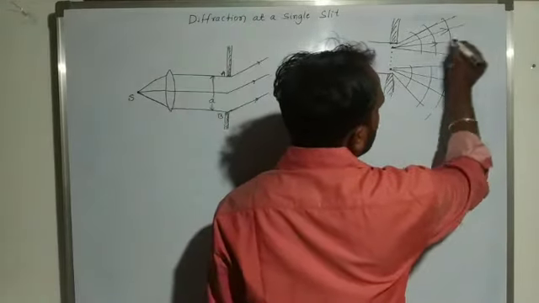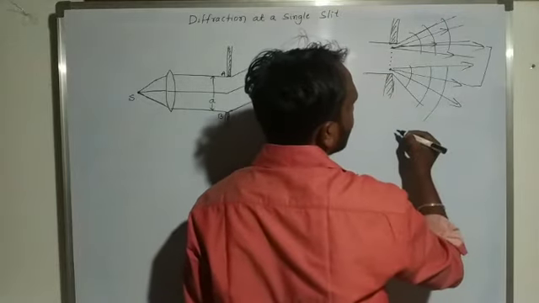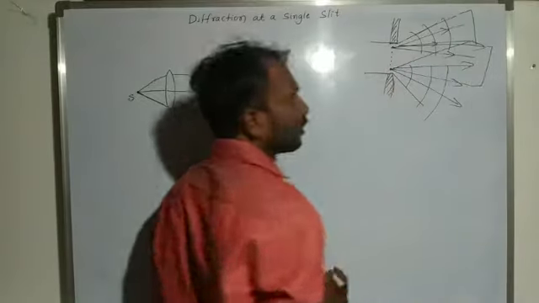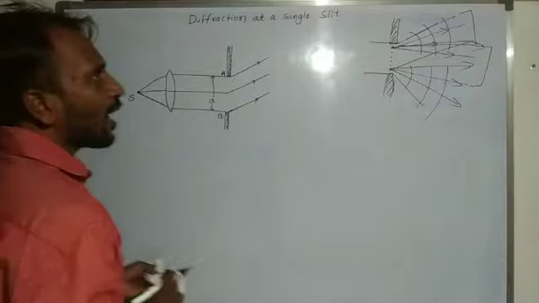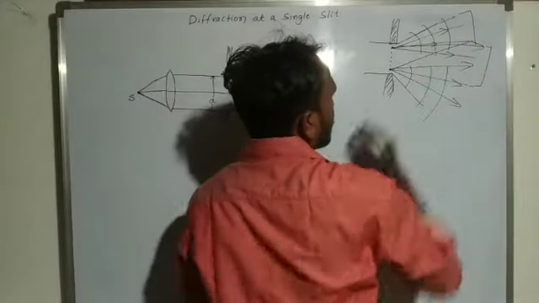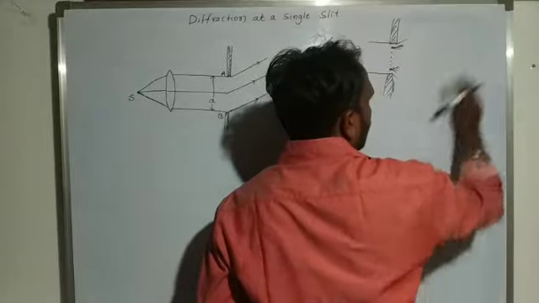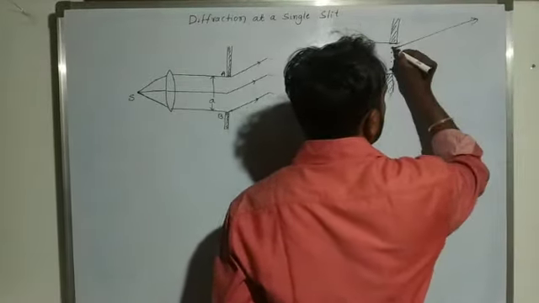So these two light rays are parallel to each other, and here these two are parallel to each other. For example, I will name these light rays.